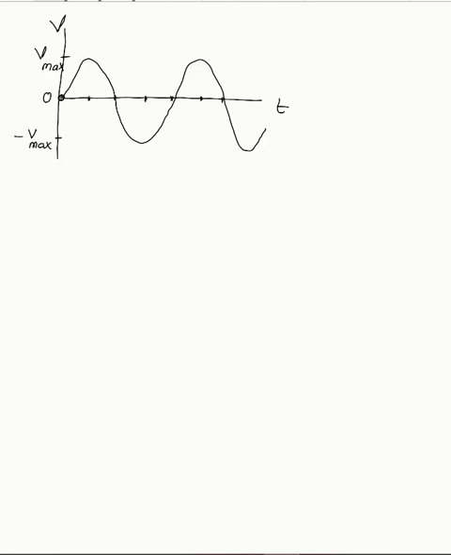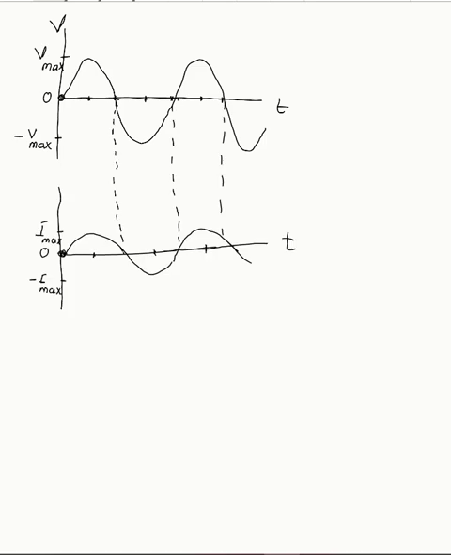Now if I want to plot the current in relation to t, it will look something like this. Sorry, this is not a really beautiful picture, but you can see that V and I are in phase, meaning that they reach their zeros at the same time, they reach their maximum at the same time, and they reach their minimum at the same time.